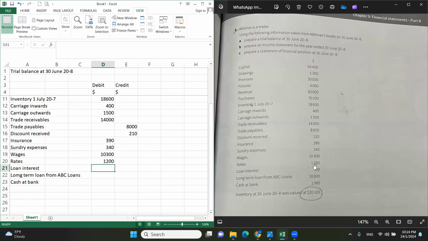Okay, loan interest, this one is expenses, and then long-term loan is a liability, cash at bank, this is an asset.